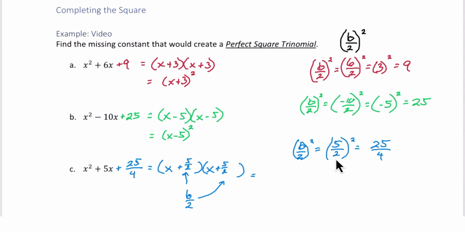And again, we can simplify this to x plus 5 halves squared. Notice that in the previous example, the negative 5 came from b over 2 before you squared it. Same thing with the first example. The 3 came from b over 2, that number before you squared it.